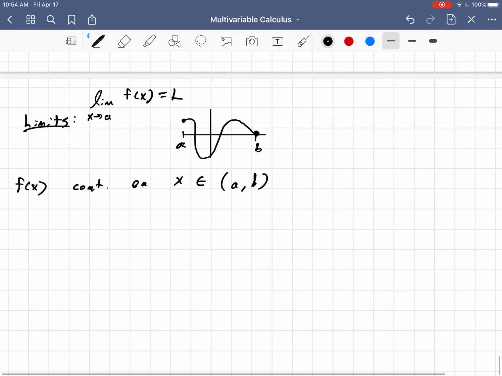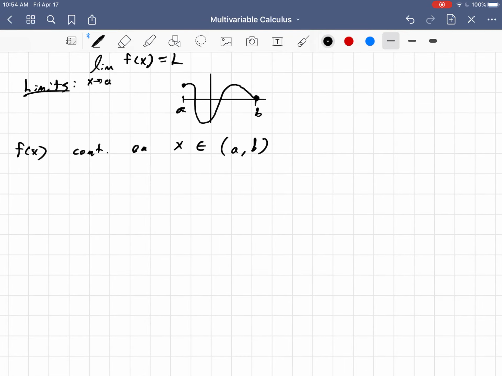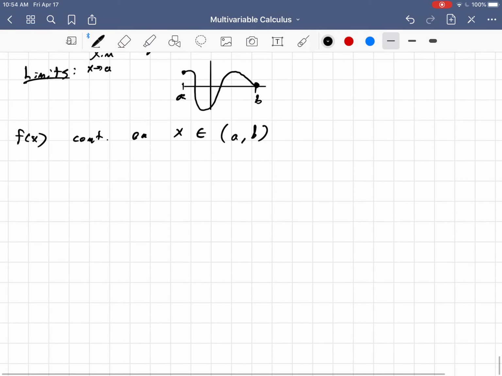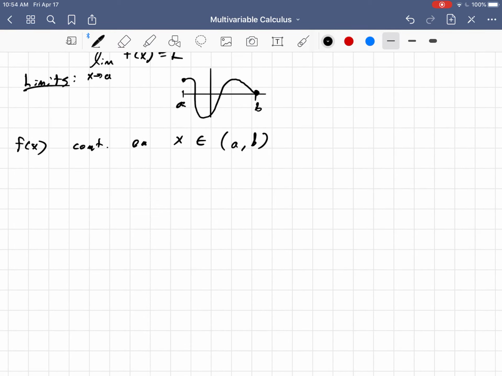These parentheses are open intervals, meaning it's the interval from a to b, but not including the points at a and at b.